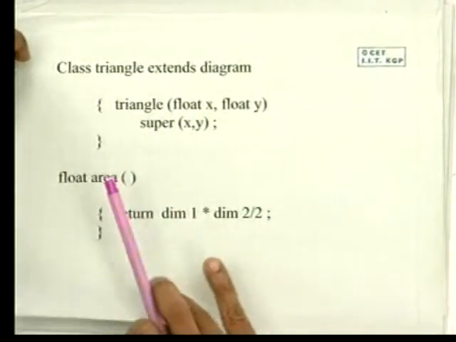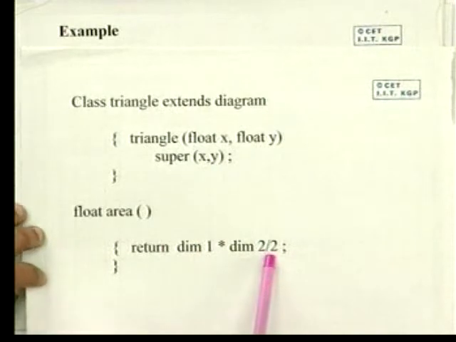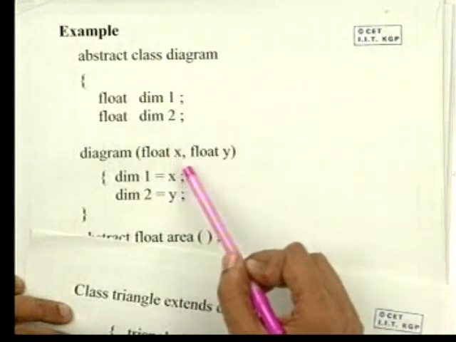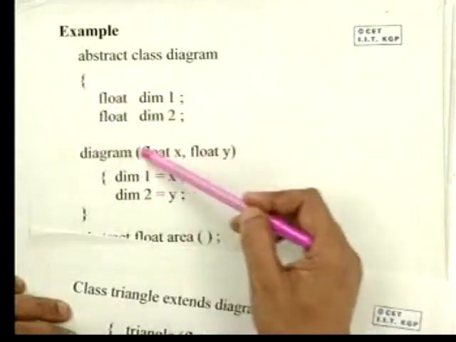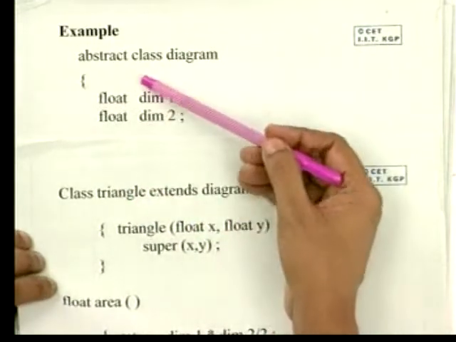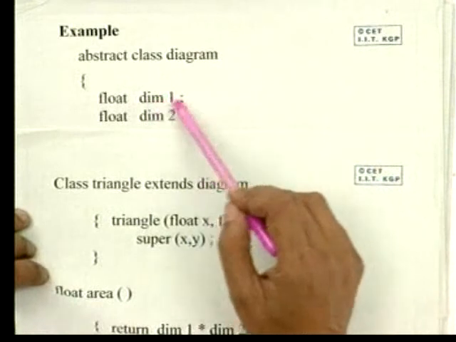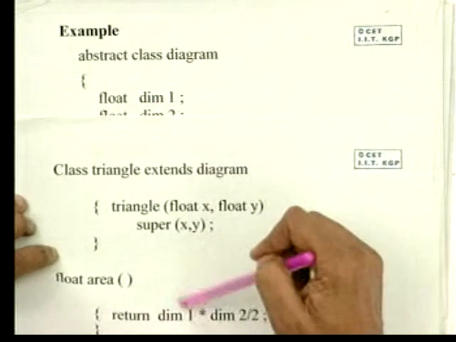How? We return dimension 1 times dimension 2 by 2. Note that dimension 1 and dimension 2 are the two attributes which are inherited by triangle from its parent class. When we compute the area, it is half of the height and the base. So, we assume that dimension 1 represents the base, say, and dimension 2 is the height of the triangle, and therefore the area of the triangle will be dimension 1 times dimension 2 by 2.